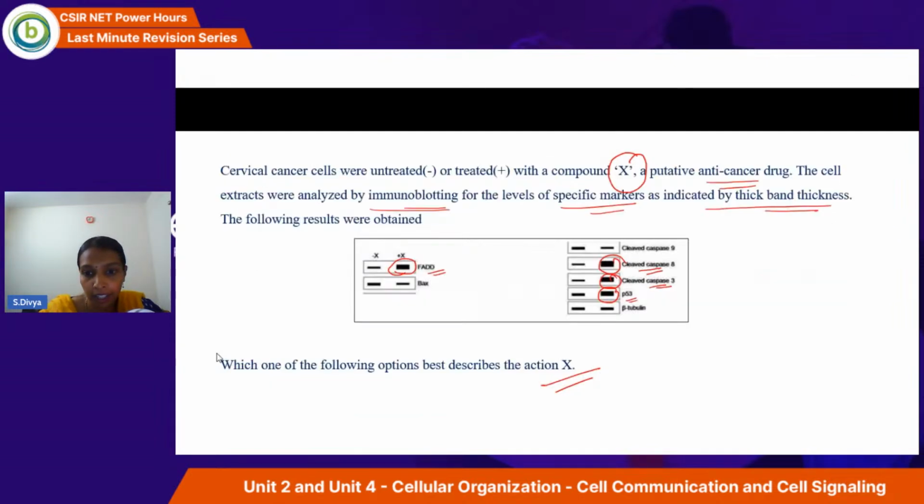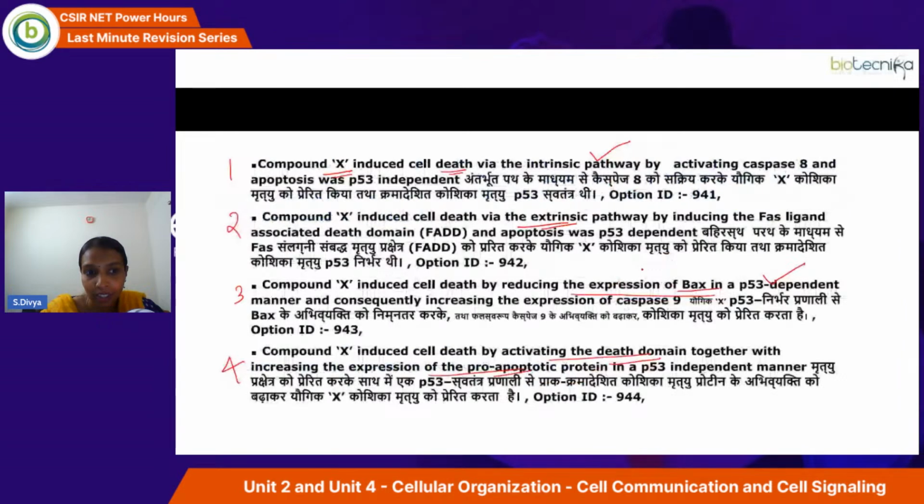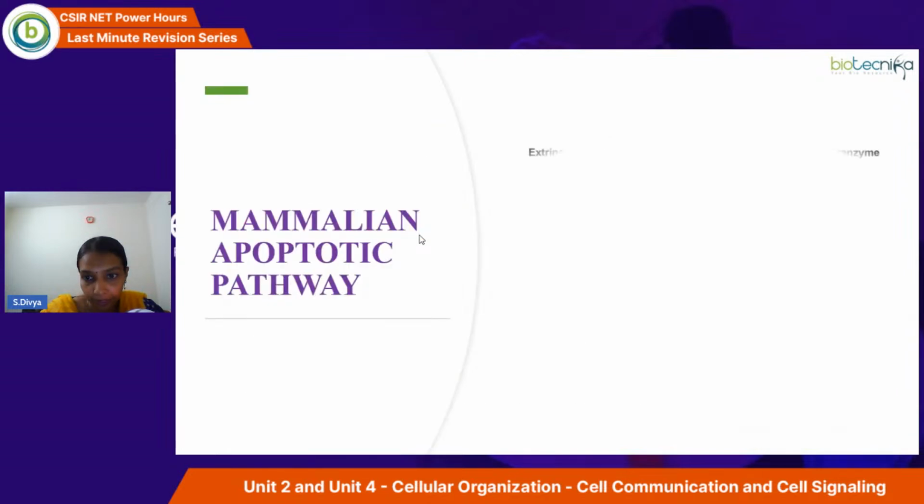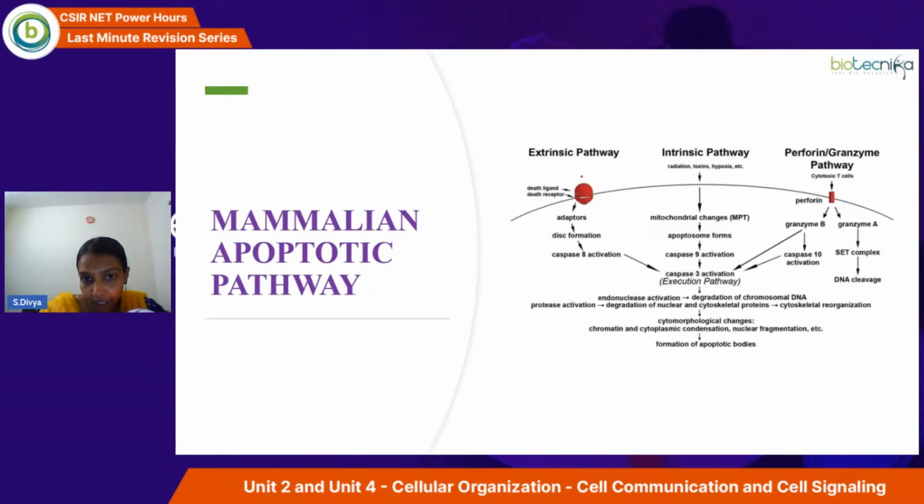The thing is that you have to be clear with the intrinsic and extrinsic pathways. If you are confident that the extrinsic pathway is where caspase 8 is activated, you can easily click on the answer over here. What is the answer? It induced cell death via the extrinsic pathway by inducing the Fas ligand associated death domain. How? Your extrinsic pathway is the one where caspase 8 is activated.